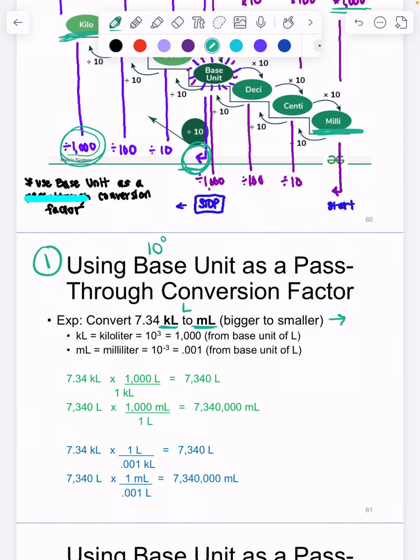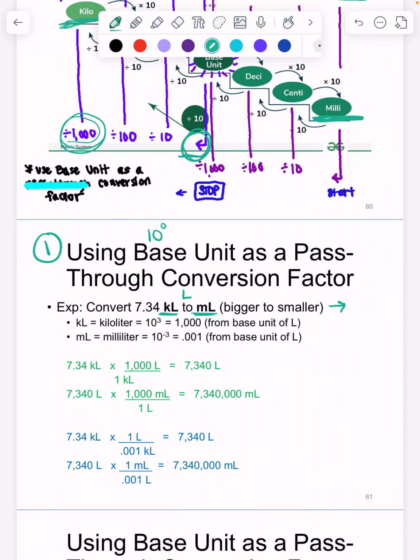I just wrote down here what they each mean. Kiloliter means 10 to the third, that coordinates with the metric prefix. And 10 to the third is 1,000 if you took it out of scientific notation. And then we see milliliters. Milli is the opposite of kilo, 10 to the negative third.